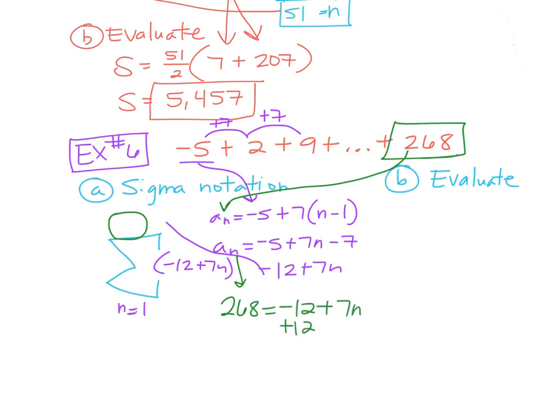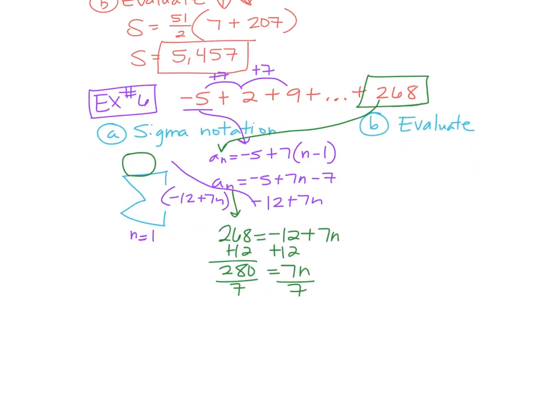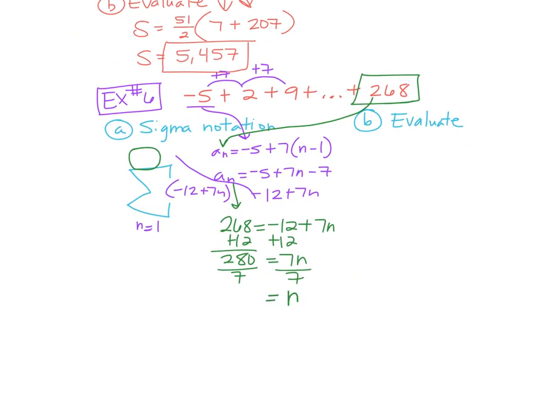So add the 12, you get 280 equals 7n, and divide by 7. So we get n equals 40. That's the number that's going to go up here. So this would be your part A answer, your sigma notation. Sorry, kind of made a mess of that.